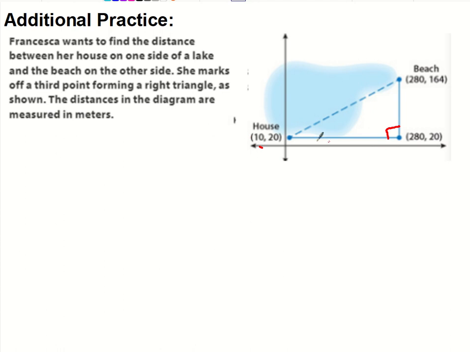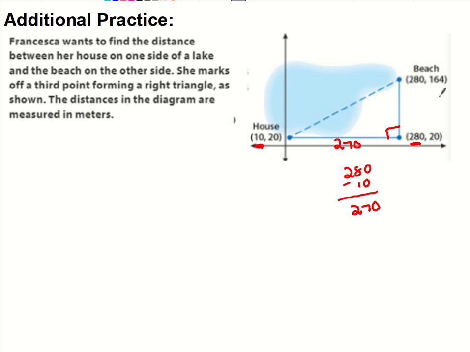Well, what we know about going left and right on a coordinate plane is these are the x values. If we notice the y is still at 20, but the x goes from 10 to 280. So to figure out this distance, I can subtract 280 minus 10, and I get 270. So this leg right here is 270. Now if we're going this leg, we're changing the y values.